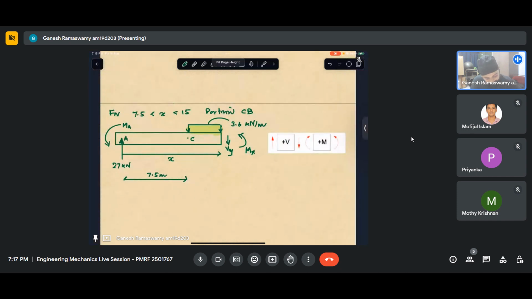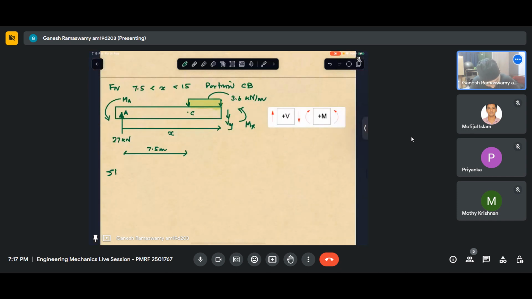Now, sigma Fy equals 0 gives me plus 27 minus 3.6 into, we have to calculate this distance, because that is where the load is applied. So what is this distance?